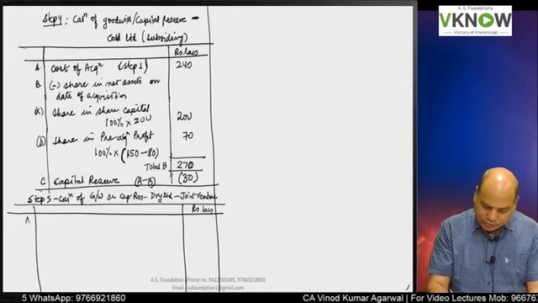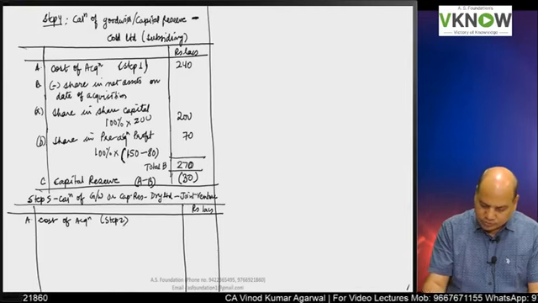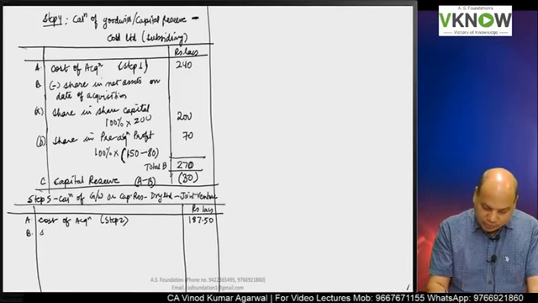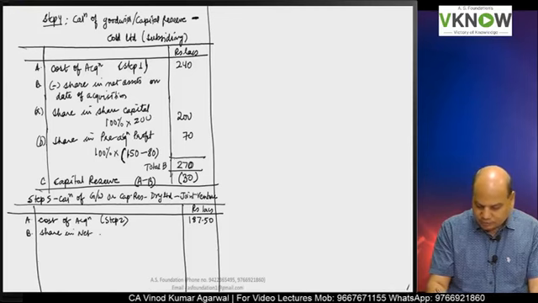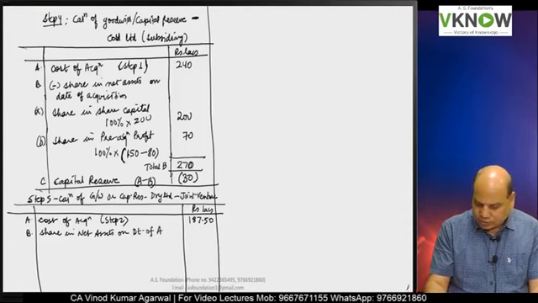First write down A, cost of acquisition, in bracket step 2. If you go to step 2, you will find 187.50. Point B, share in net asset on the date of acquisition.